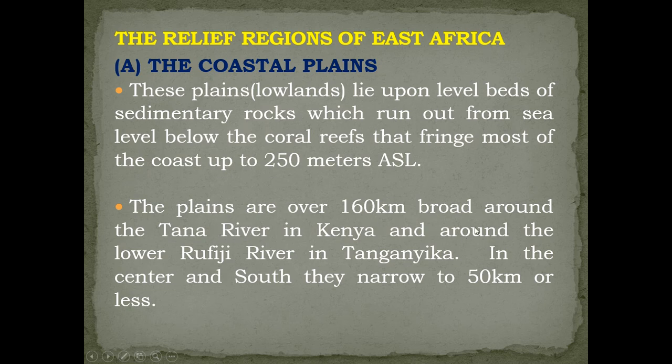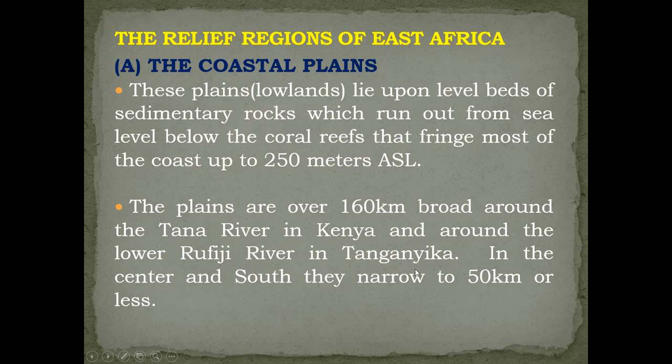And then when you look at Tanzania, the lower part of River Rufiji, where River Rufiji enters into the Indian Ocean, in that area it is a little smaller. These plains are a little smaller or narrow compared to the Tana River Valley. It is broader around the Tana River and then narrower around the Rufiji River.